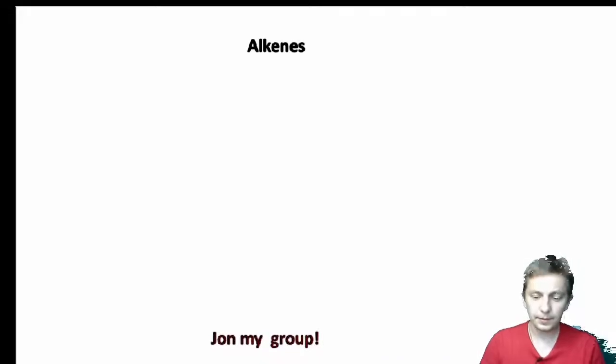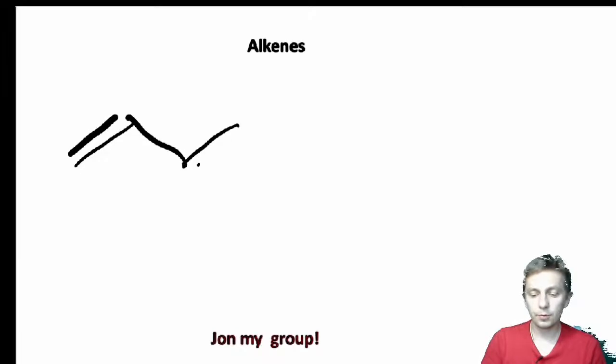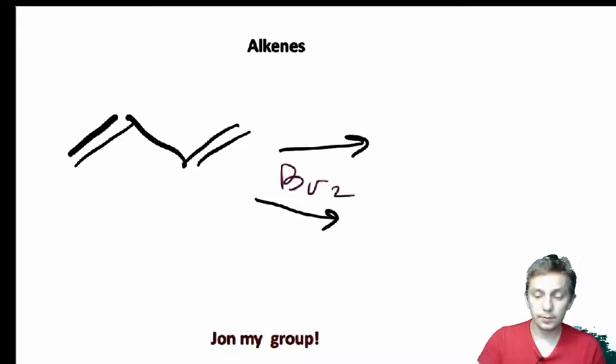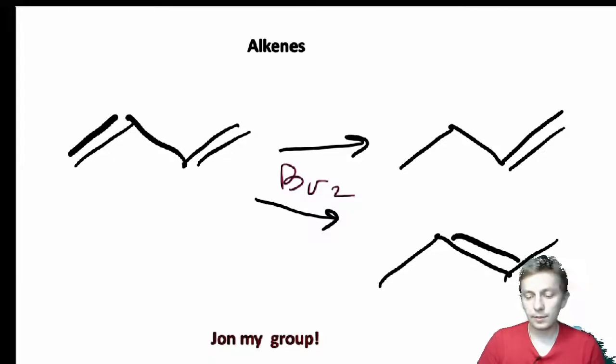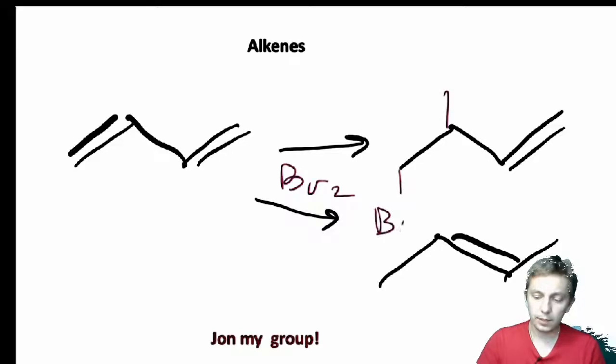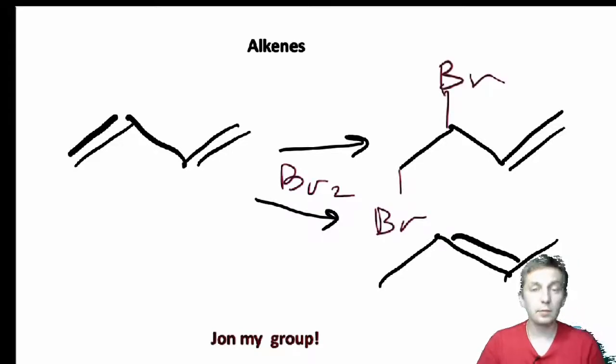Another example, alkenes with two double bonds. Here we have several options. With, for example, Br2, one of these products will be where just one double bond reacts like a separate double bond.